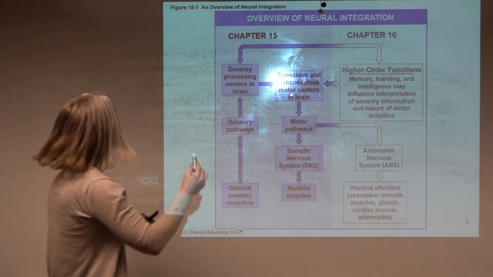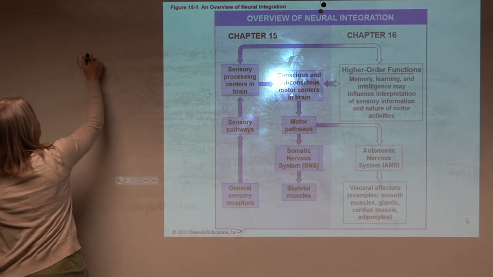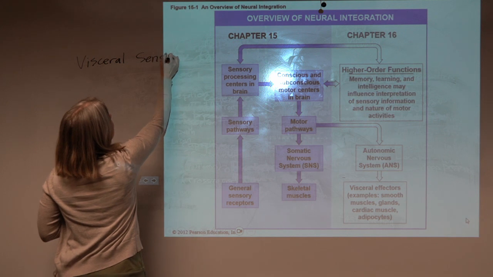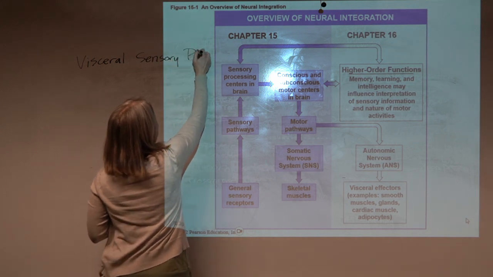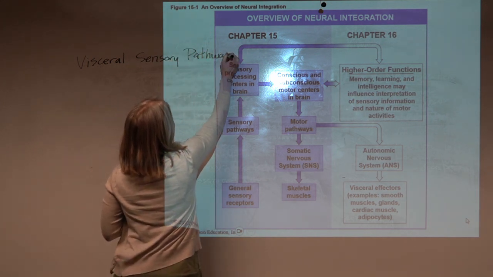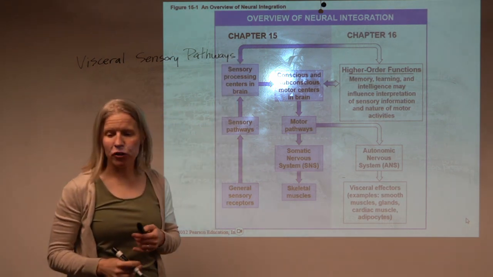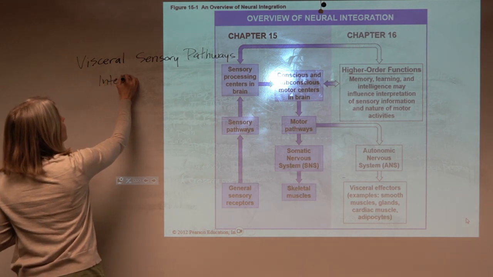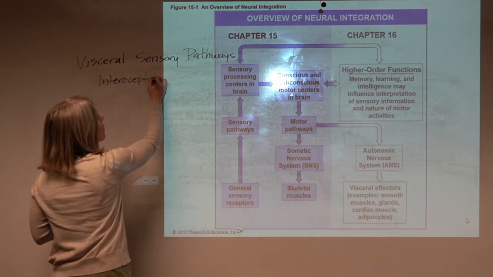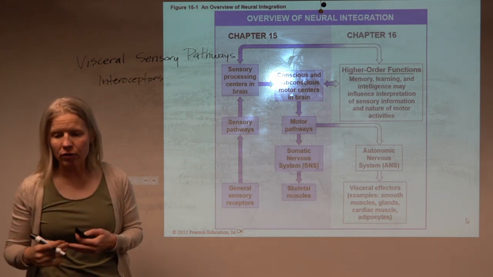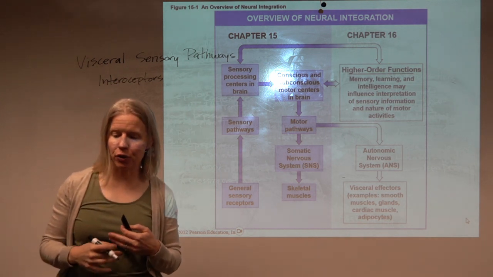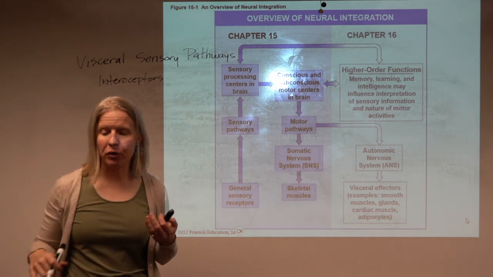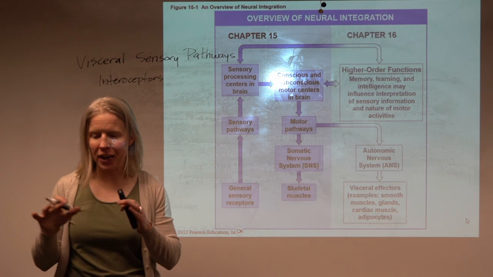There are visceral sensory pathways as well, right, carrying information from those interoceptors, monitoring all of those internal tissues, internal organs. Again, these can be nociceptors, thermoreceptors, baroreceptors, chemoreceptors, right, anything like that.